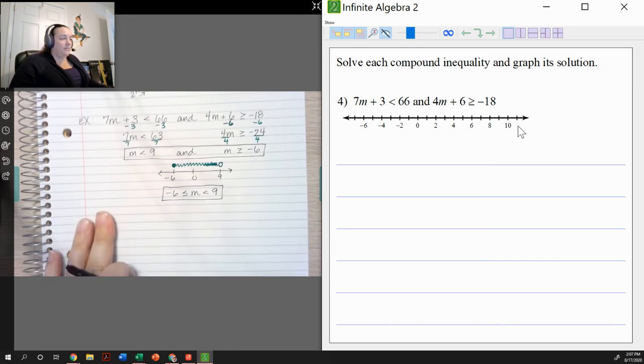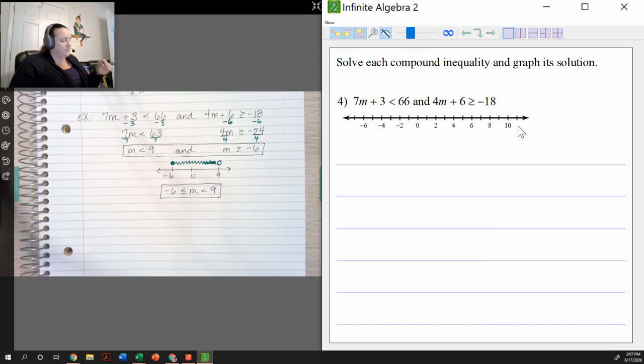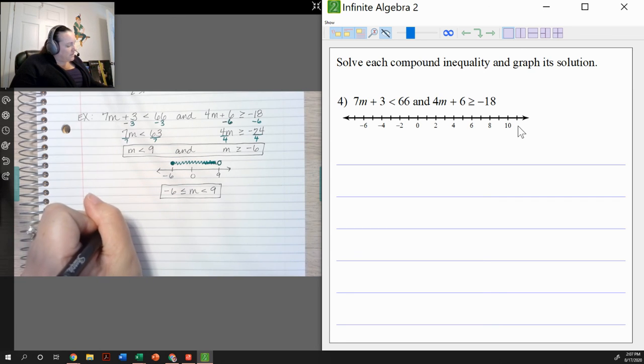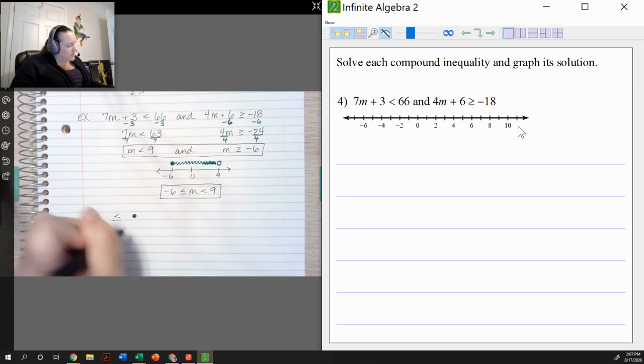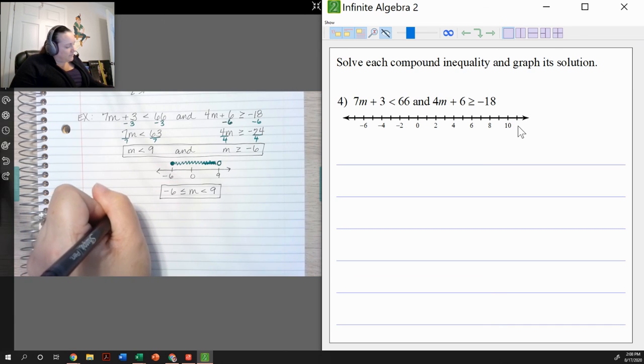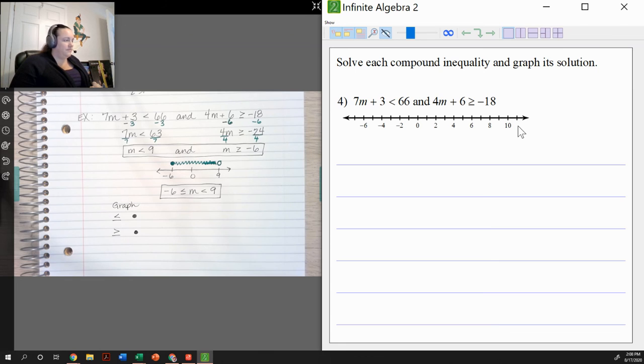All right, I'm going to come back in another video and I'm going to do ors, but now let's just write down a couple of things to remember. If you have less than or equal to, greater than or equal to, you want to do a closed circle when you graph. If you have less than or greater than, you want to do an open circle.